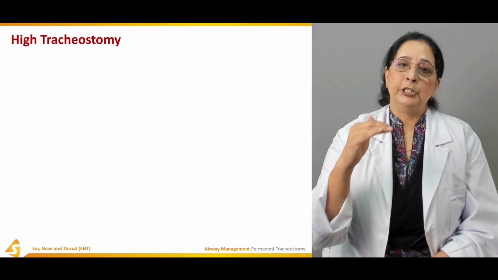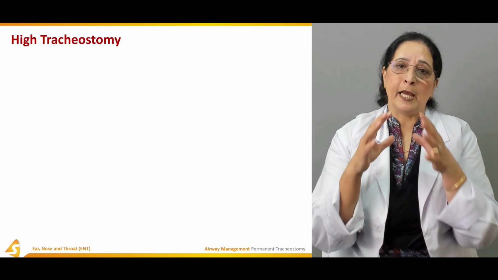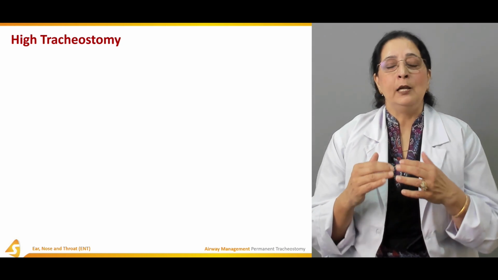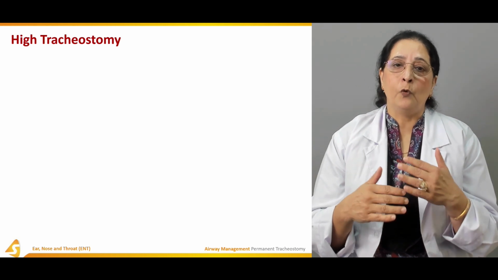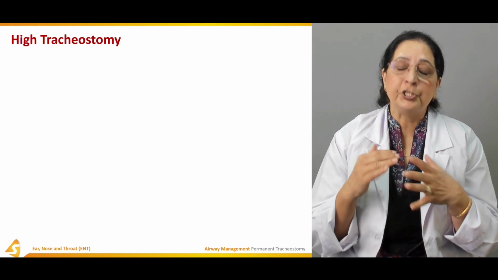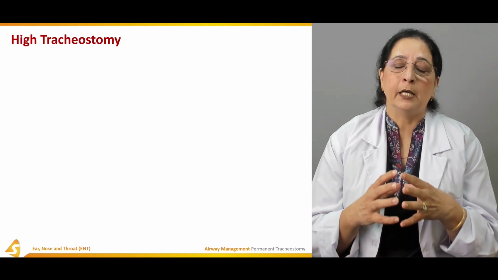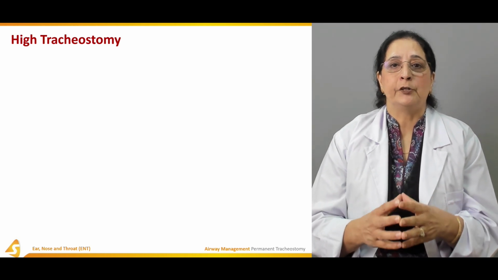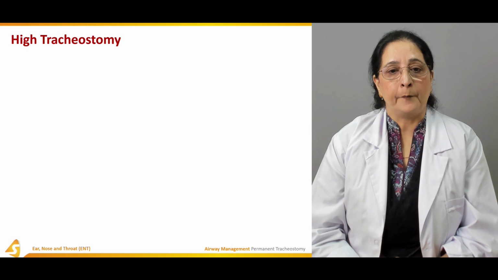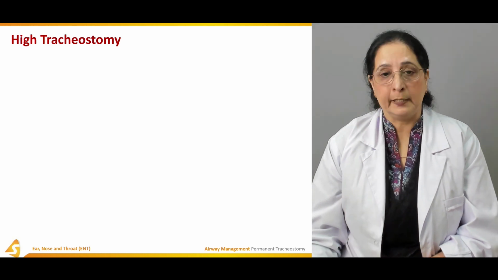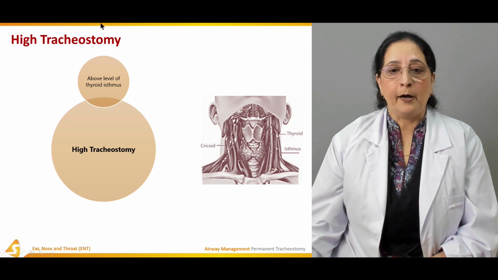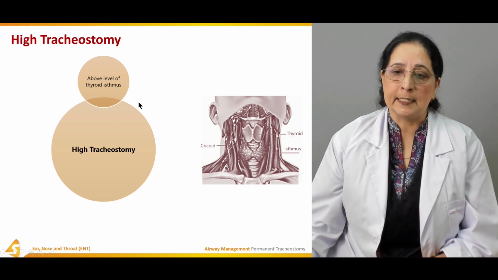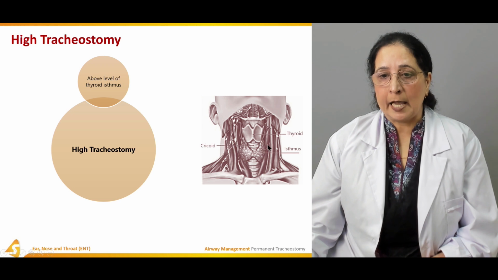Now, as I mentioned in the beginning, it might be a high, mid, or low level of tracheostomy. So let's go over what are the positions at which these openings are created and tracheostomy is performed. So high tracheostomy is performed above the level of the thyroid isthmus. This is the thyroid.